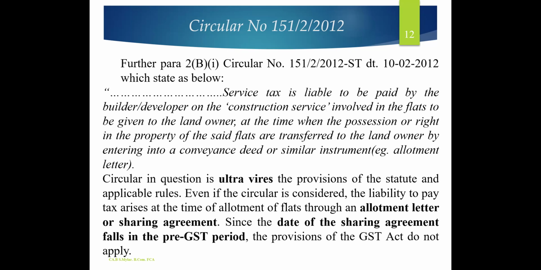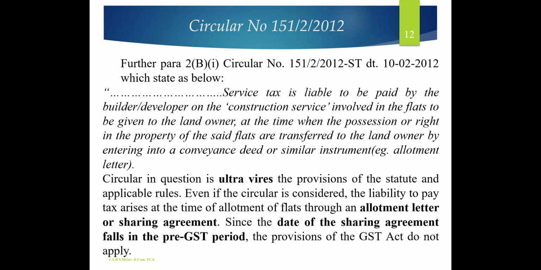So there is one more view that the circular is ultra vires the provisions of the statute and the applicable rules. But it is only to say that the payment is already done because of the settlement of obligation. It is very clear from the government's perspective in the circular that the liability arises only on completion of a construction. There's one more important thing to be noted here.